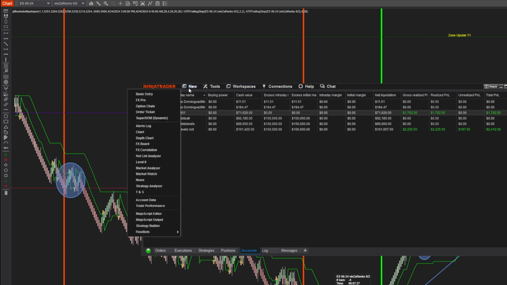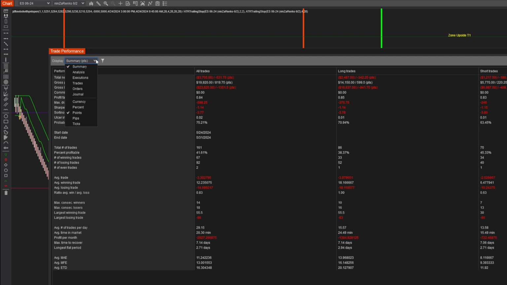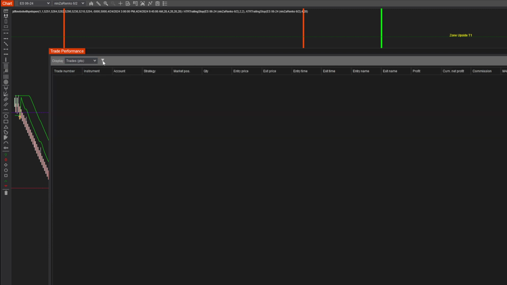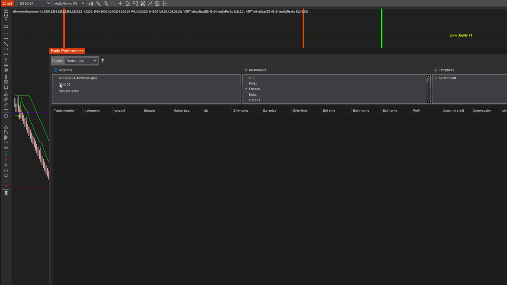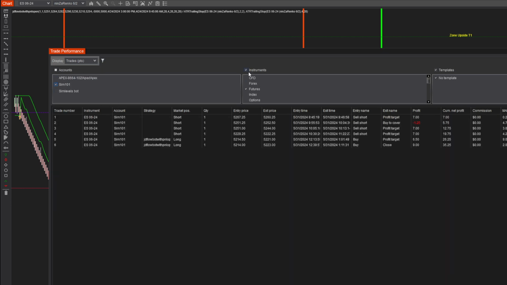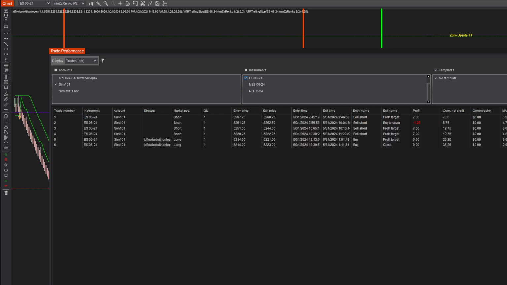So if I go here on new and I look at trade performance, for example, and I filter this, and I go to today's day 31, I go and generate, I go here on trades, you can see everything. If I disconnect from here and I select the account, uncheck that and look at the instrument, and I look at today's day, these are the trades that the bot took.